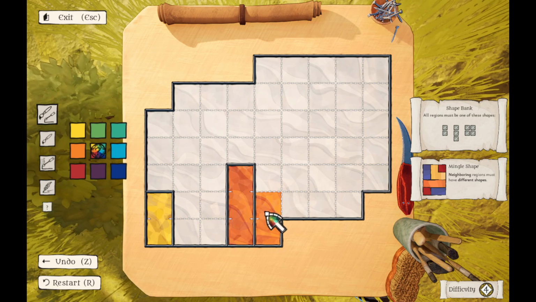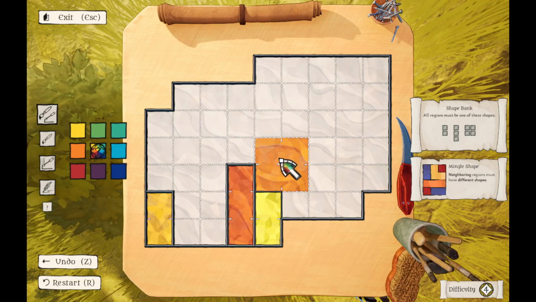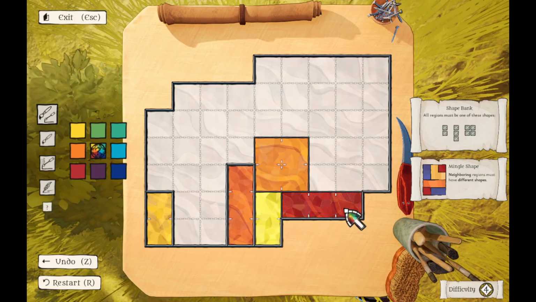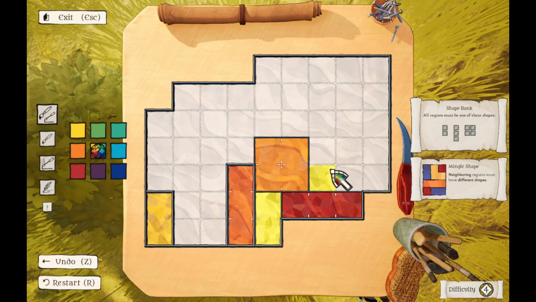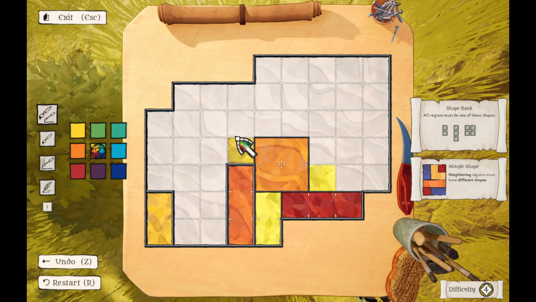This does have to be a 2. This has to be part of the square. That has to be 3. That has to be part of 2, but I don't know which way it goes. This one has to be part of 2. And I don't know which way it goes.